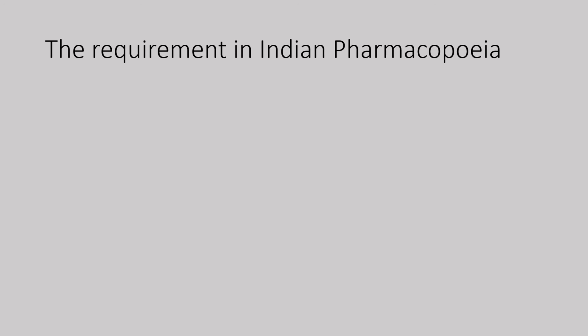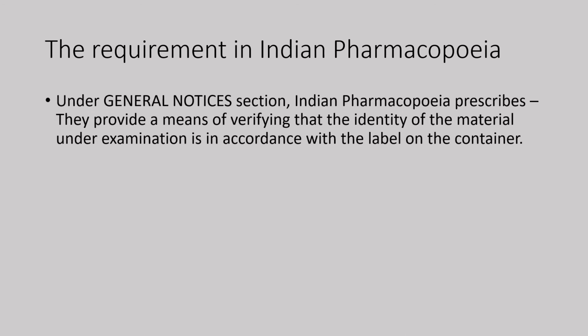Let us see how the requirement in Indian Pharmacopoeia compares with US Pharmacopoeia or European Pharmacopoeia. Under General Notices section, Indian Pharmacopoeia prescribes, they provide a means of verifying that the identity of the material under examination is in accordance with the label on the container. The intent of the Indian Pharmacopoeia is similar to the other pharmacopoeial requirements.